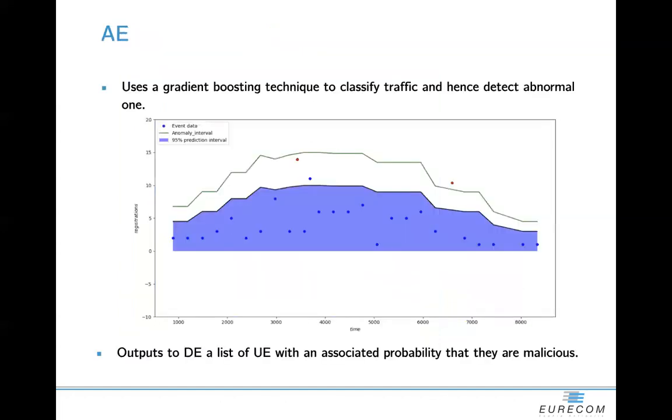The analytical engine runs a gradient boosting technique coming from machine learning to classify traffic and hence detect abnormal traffic.